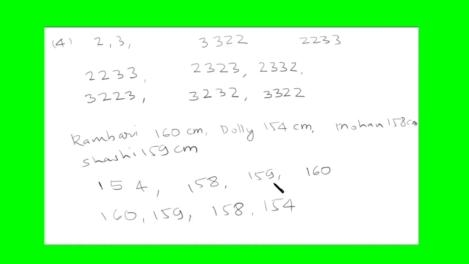So in the decreasing order we have Ramhari at the first place, Shashi at the second place, Mohan at the third place and Dolly at the fourth place.